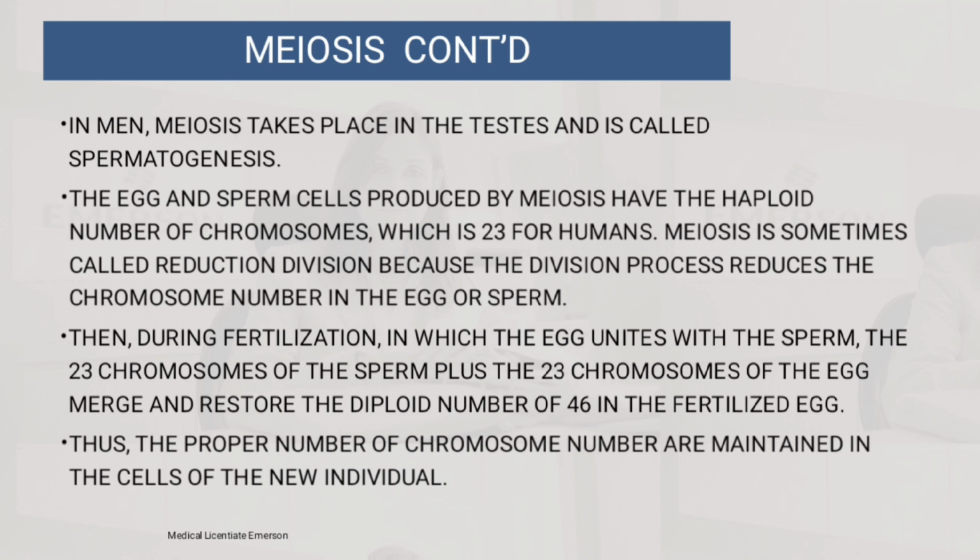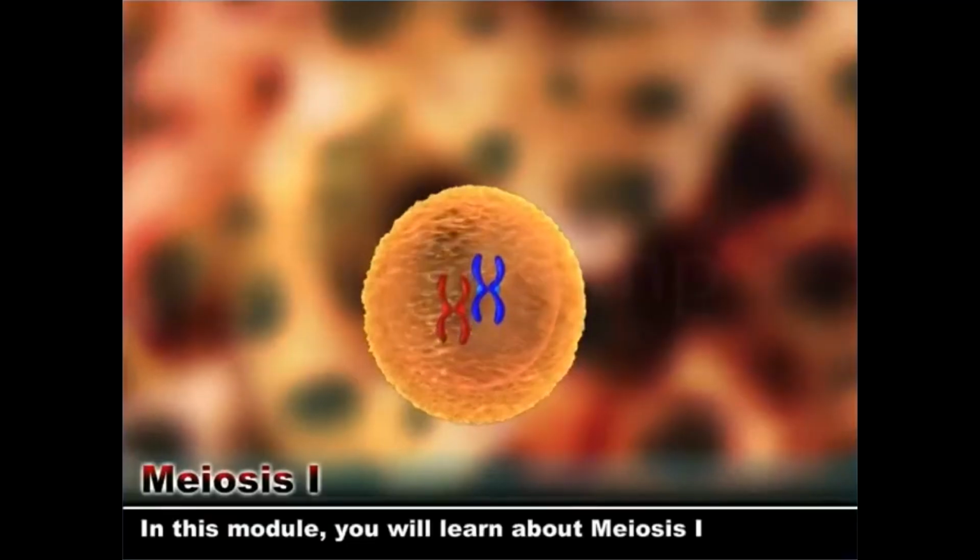So that's the proper number of chromosomes maintained in the cells of the new individual. That's the summary about meiosis and mitosis.